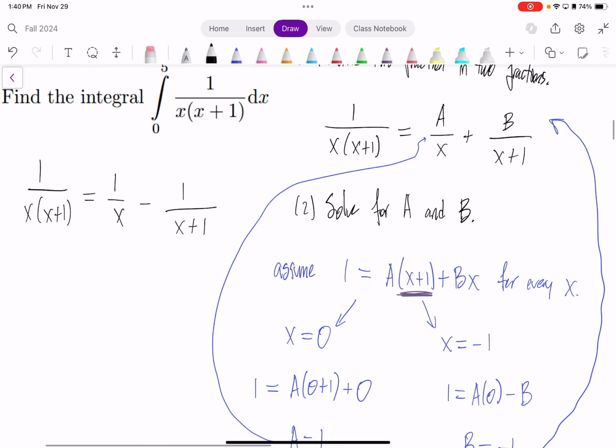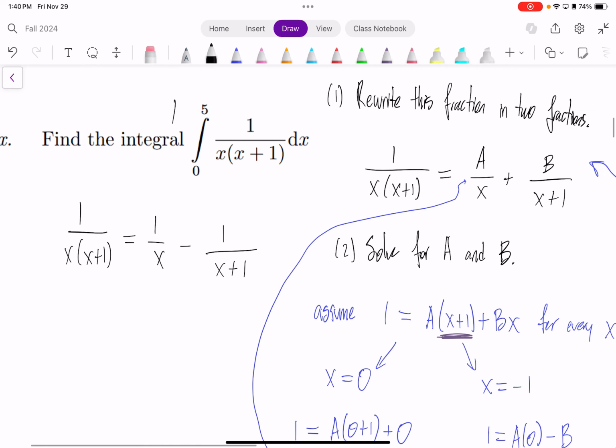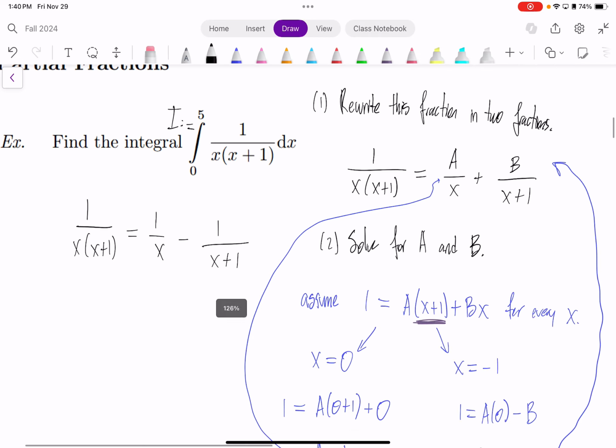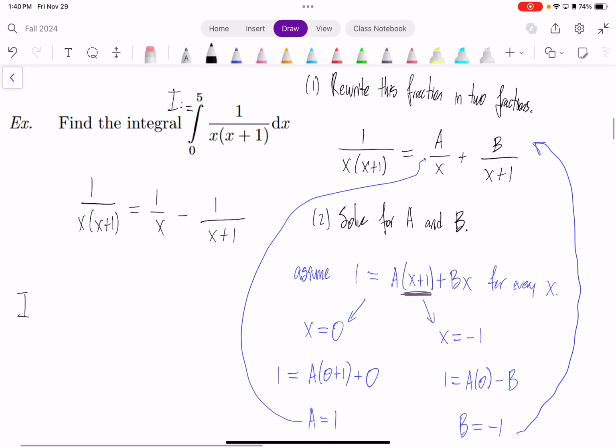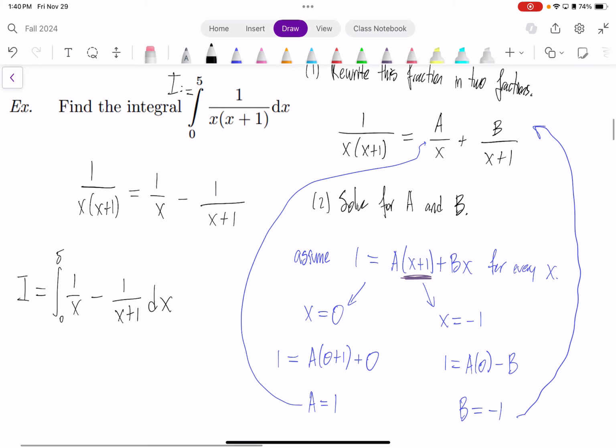We can now sub that back into our integral. If we call this integral I, then I is also equal to the integral from 0 to 5 of 1 over x minus 1 over (x plus 1) dx.